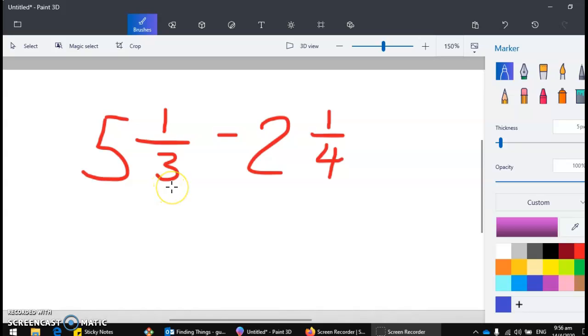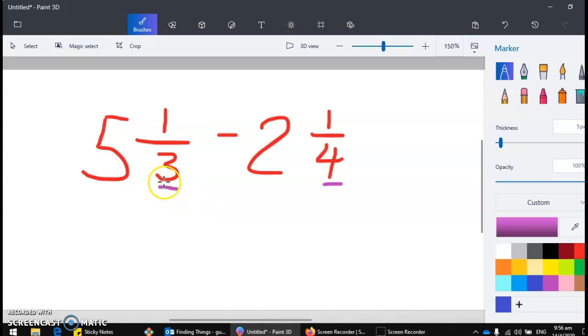Does it break the rule? Yes, the rule is the denominators must be the same in adding and subtracting fractions. We have 3 and we have 4. We shall use the marrying method.